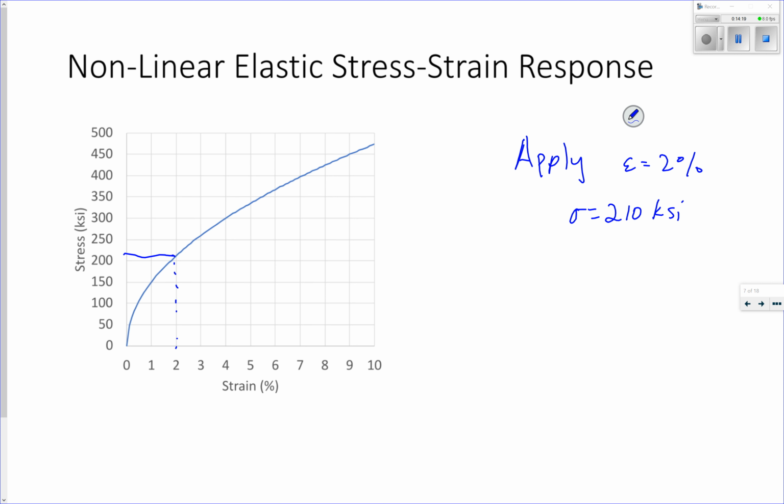My material goes back to 0 because this is an elastic material. And I apply a strain of 4%. It's going to result in a stress in my material of 300 KSI.